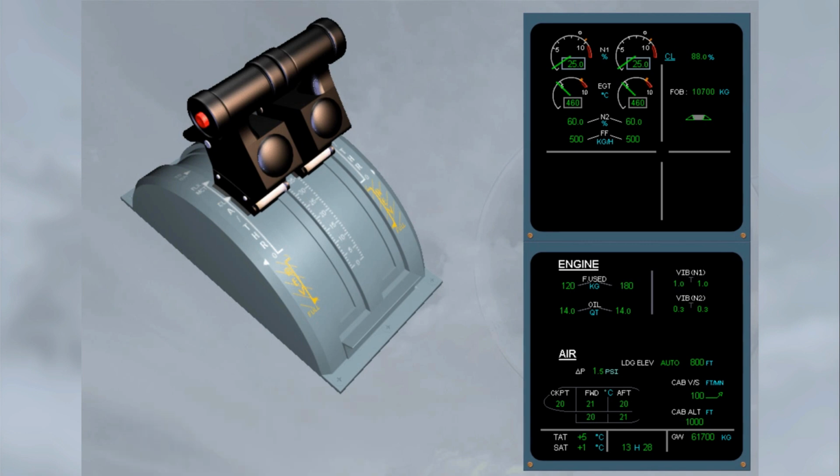In flight, if both engines are at idle, an idle indication appears. It flashes for 10 seconds and then remains at steady green. Note, there is a slight difference between flight and ground idle.